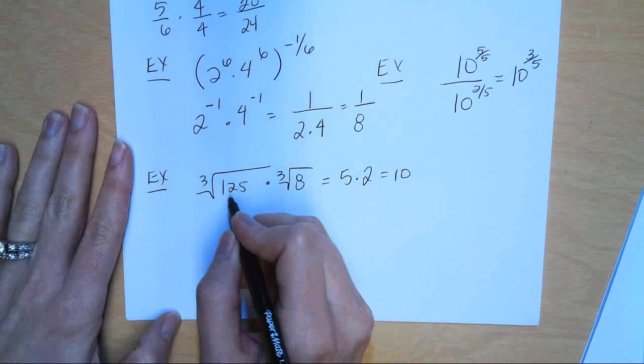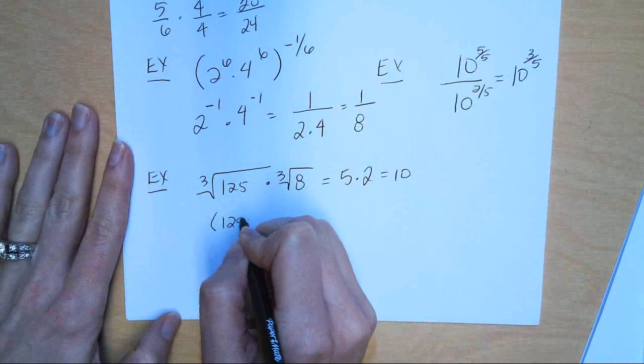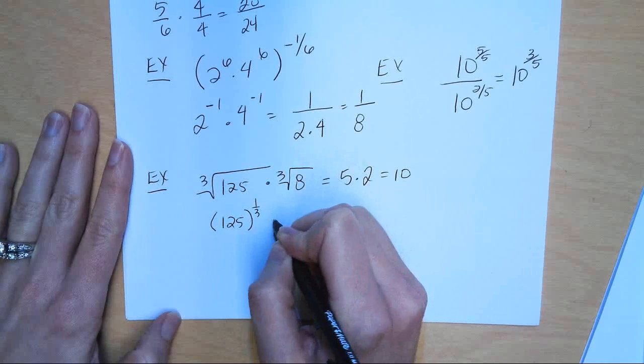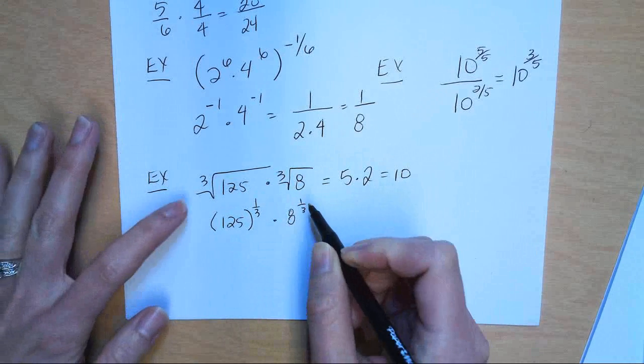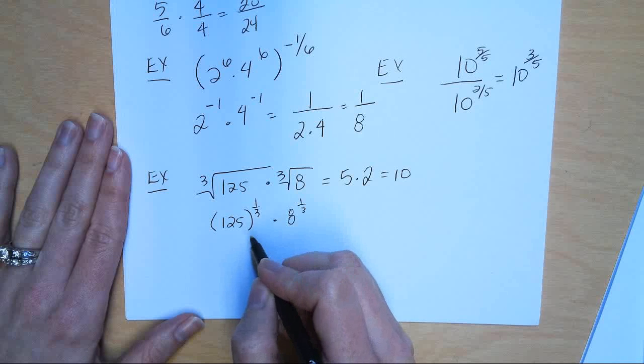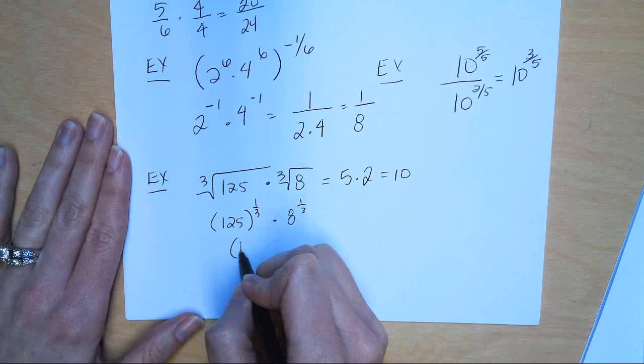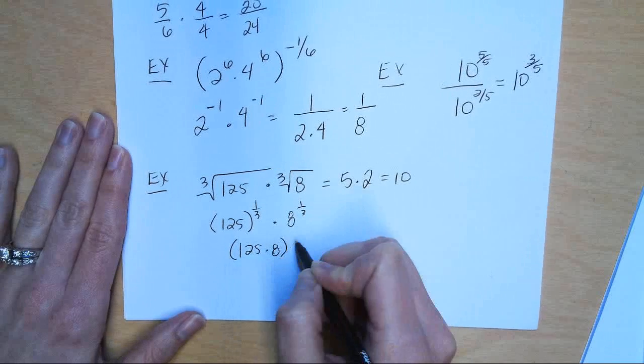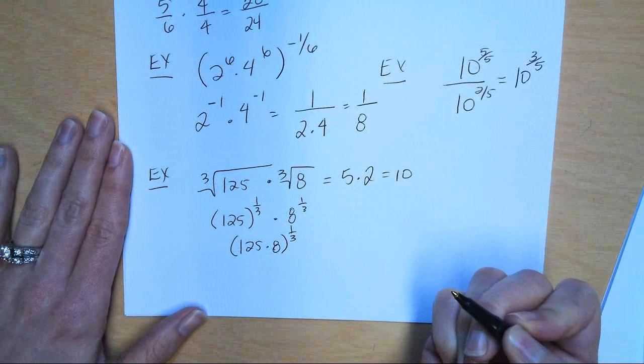Okay, if we think about these as rational exponents, this would be 125 to the 1/3 times 8 to the 1/3. And since they both have 1/3, what can we do? You can take that out. So it's 125 times 8 to the 1/3.